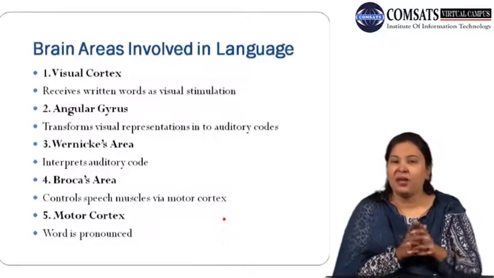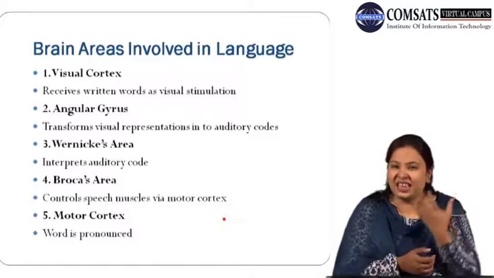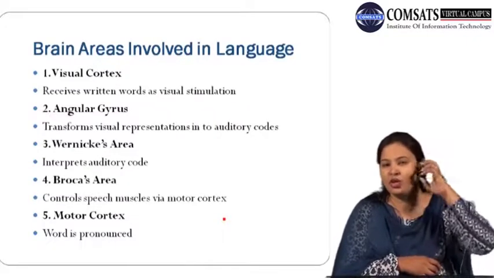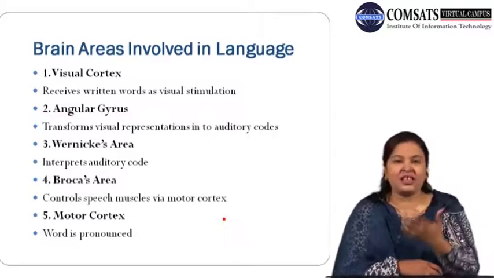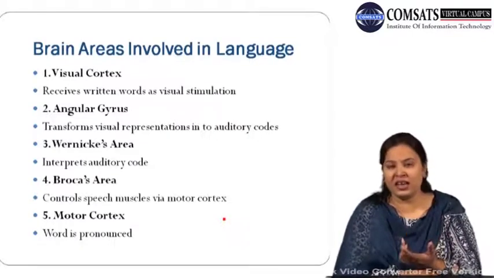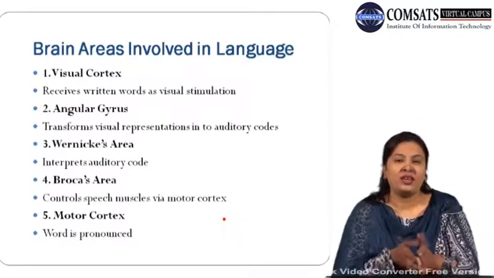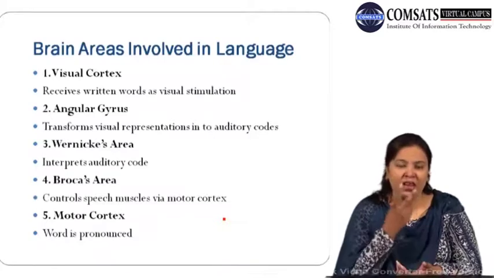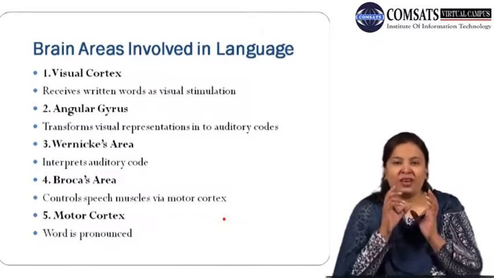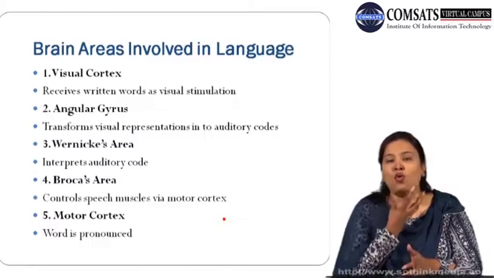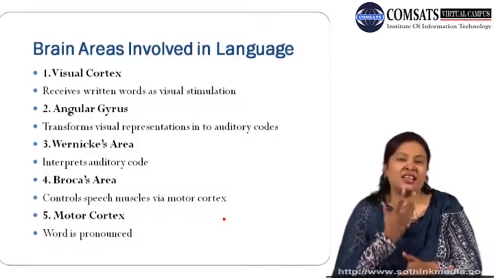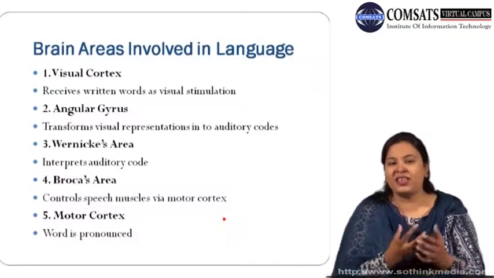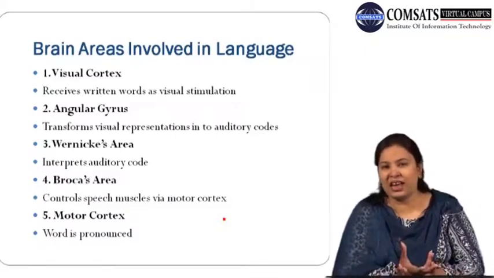At the same time, because we receive auditory signals with the help of the ear, this reception is also controlled by Broca's area with the help of the motor cortex. The important thing is the motor cortex, with the help of which words are pronounced. When we want to pronounce a word, the whole mechanism of the motor cortex gets activated to produce language.